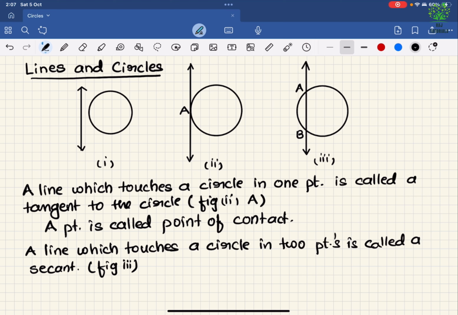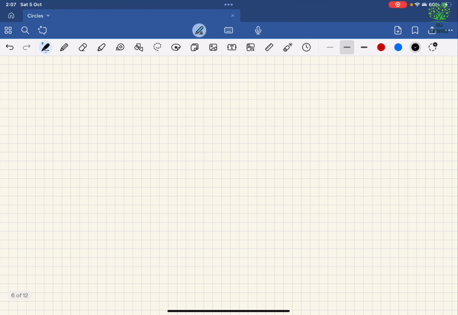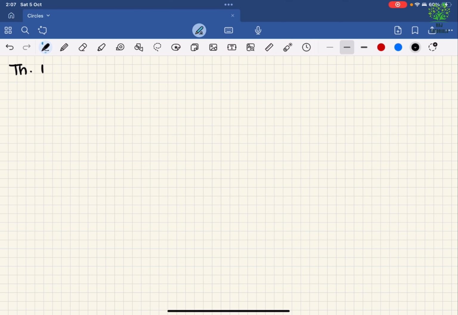Now if I talk about tangents, I can have infinite tangents to a circle at different points, but at one point I can have only one tangent. Now coming to the next point, that is Theorem 10.1.